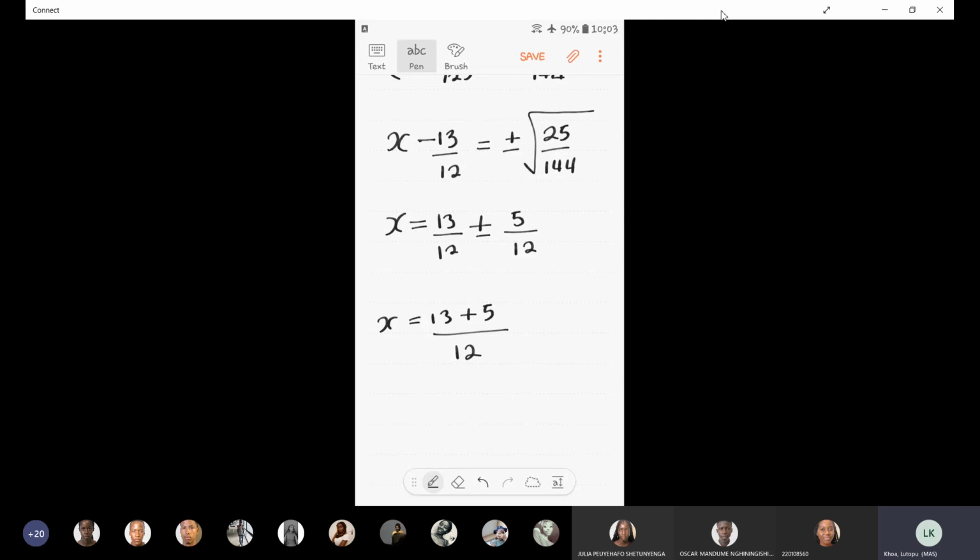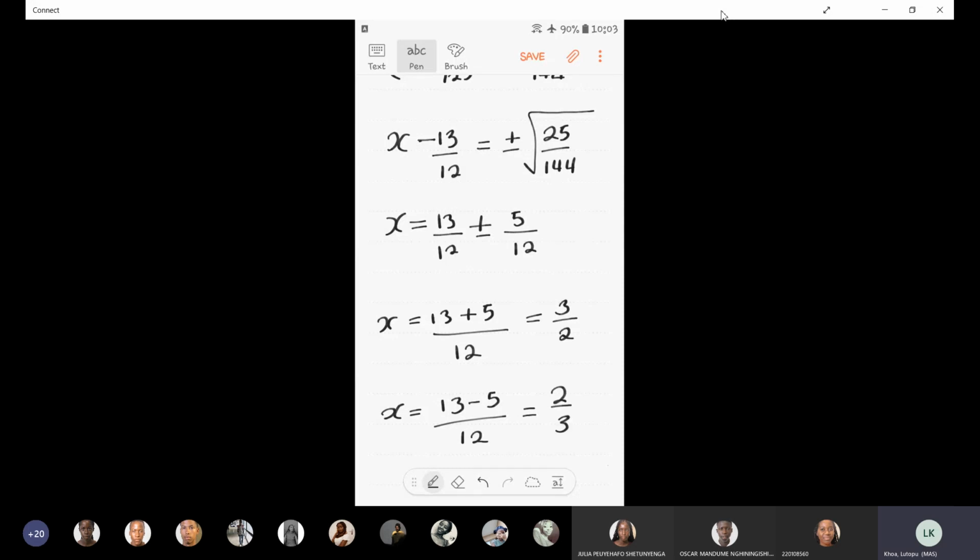This is 18 over 12, and 18 over 12 is 3 over 2. And then x can also equal 13 minus 5 divided by 12. 13 minus 5 is 8, and then 8 divided by 12 is just 2 over 3.